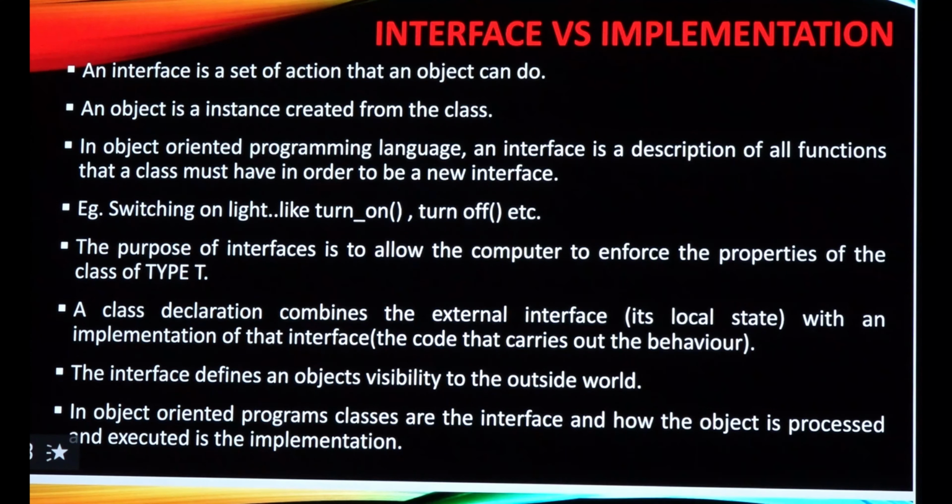The purpose of an interface is to allow the computer to enforce the properties of the class of type T. A class declaration combines the external interface, its local state, with an implementation of that interface, here the code that carries out the behavior.